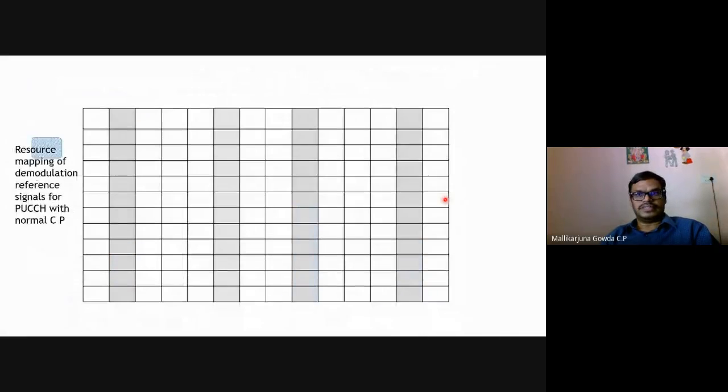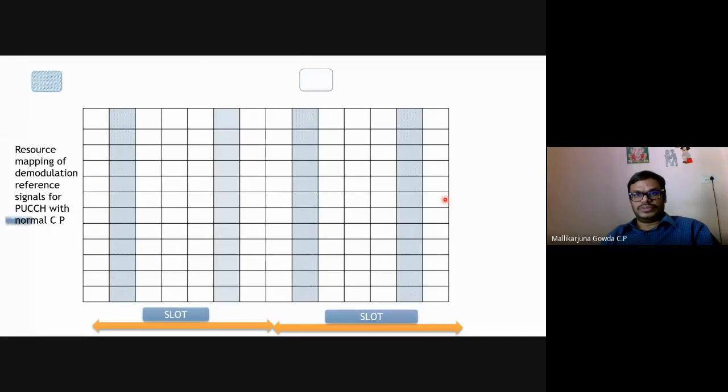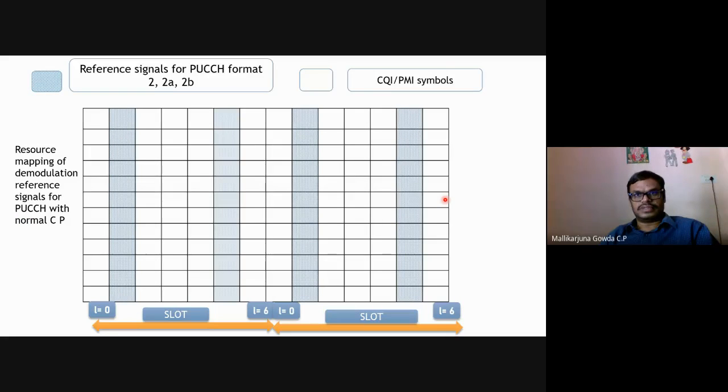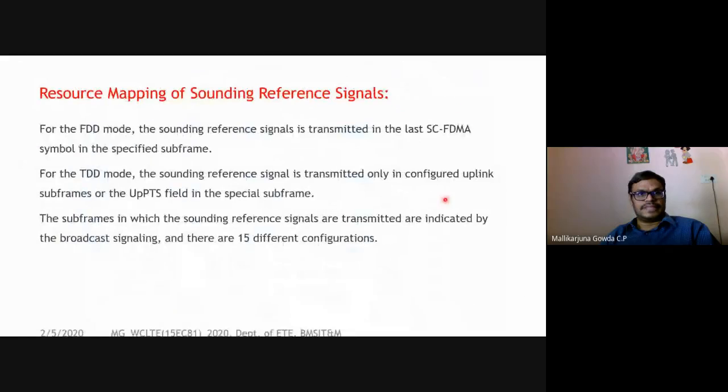Okay, I think this is covered. Resource mapping of demodulation reference signal, I said, right? So, next one is the resource mapping of the sounding reference signals. Here I consider two modes. One is FDD mode, another one is TDD mode.